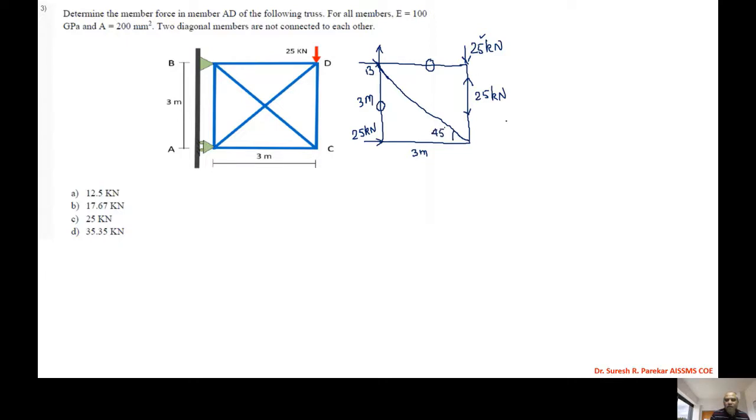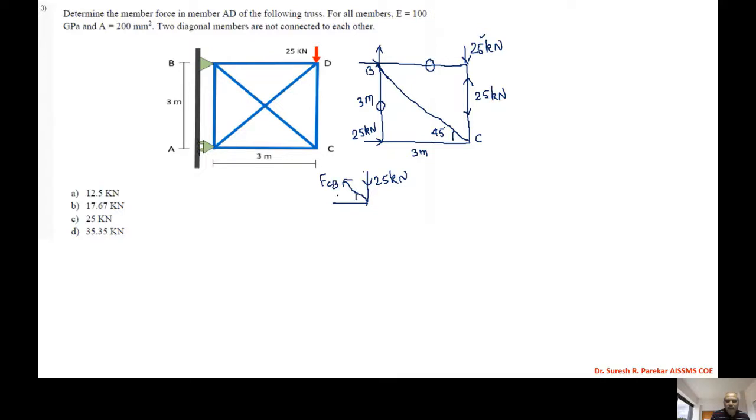If we consider the joint C, then we have forces in this way, and we have this 25 kilonewton. So we assume the force in this member, that is FCB.